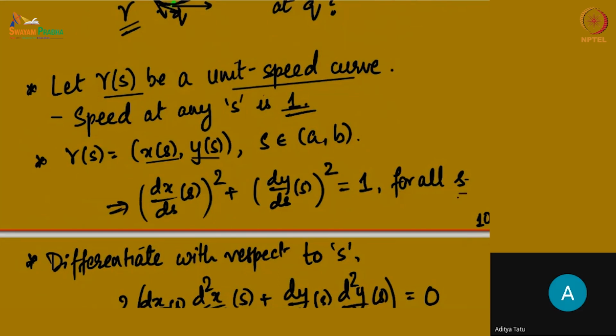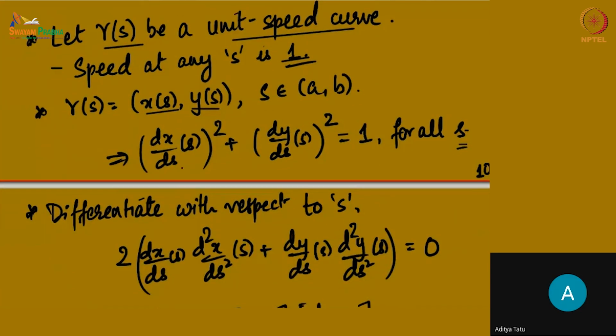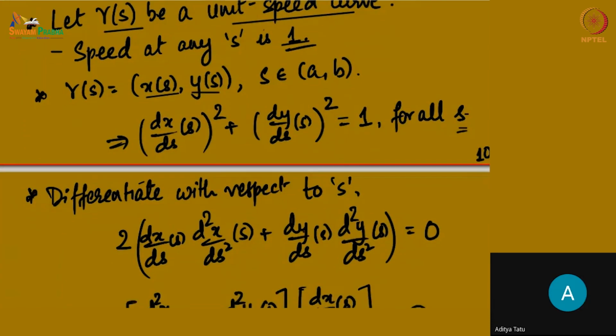Okay, so this is nothing new. Both sides you have functions of s, so we should be able to differentiate both sides with respect to s. What happens when you differentiate the left hand side? Twice dx/ds times d^2x/ds^2. Similarly, twice dy/ds times d^2y/ds^2.